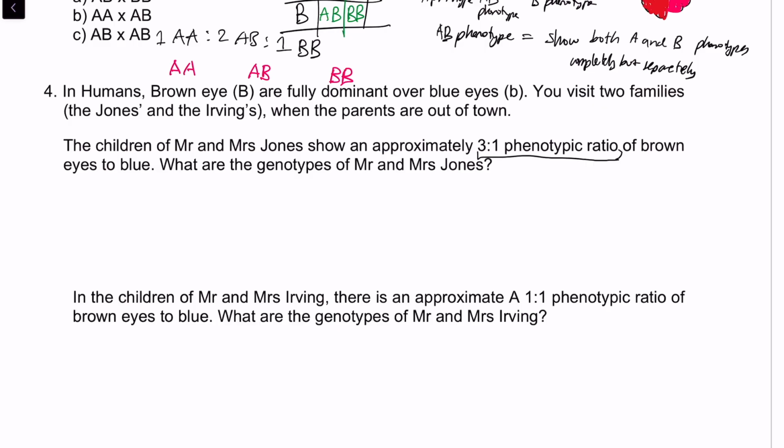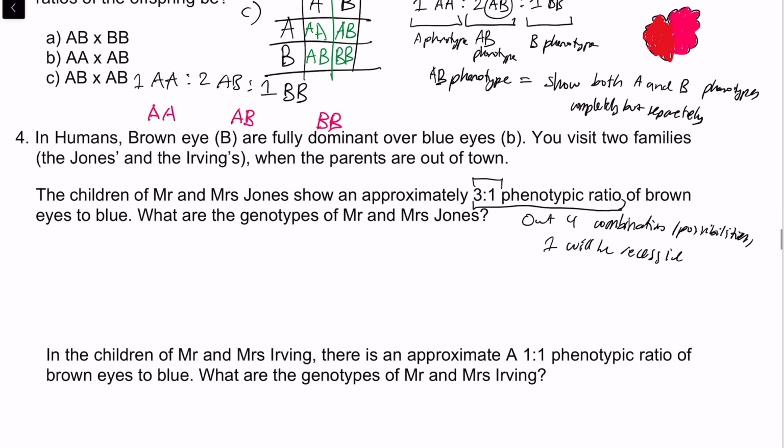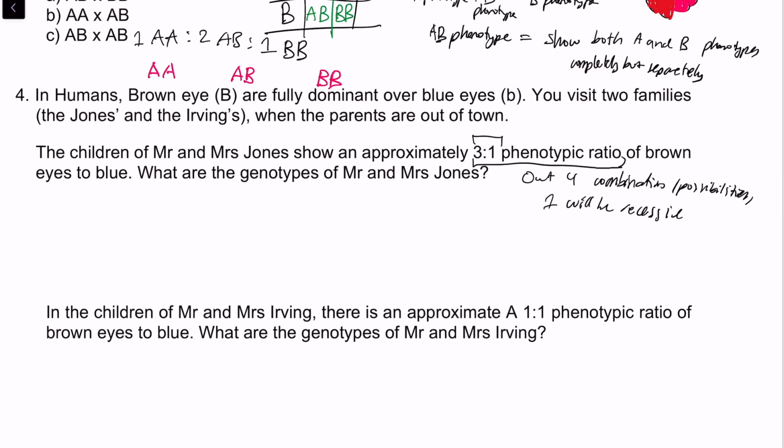Okay, because we know that one out of four possible combinations, which is the total of this ratio, are possibilities. One will be recessive, and the only way to have that is if we have the recessive gene, obviously.